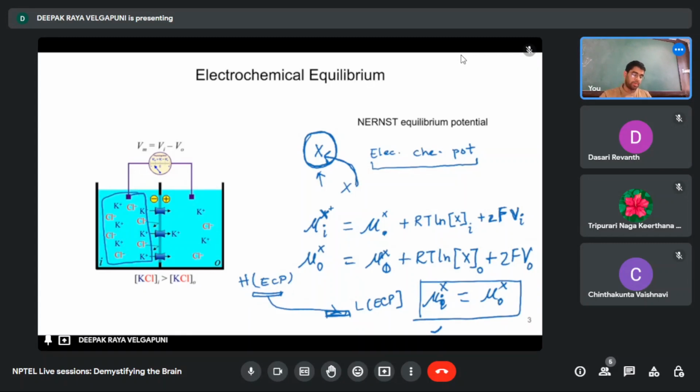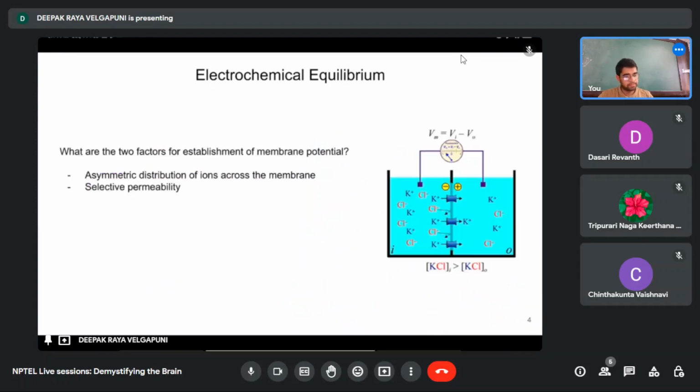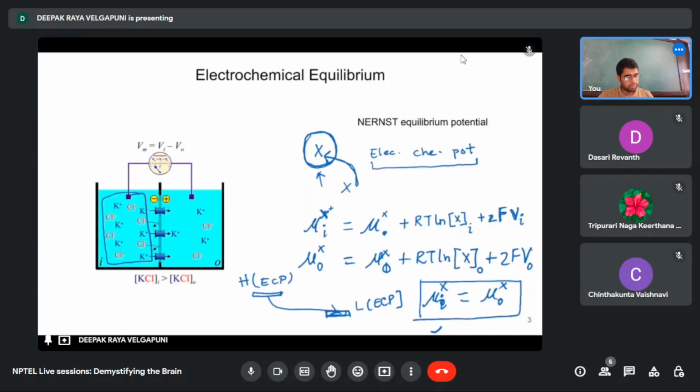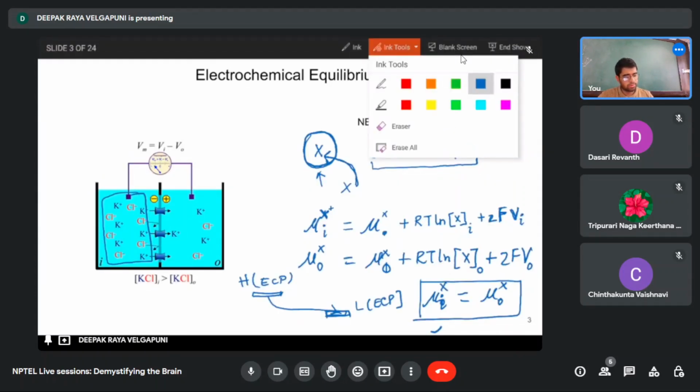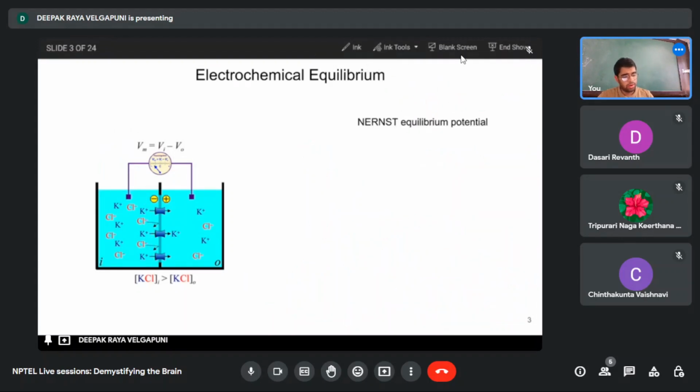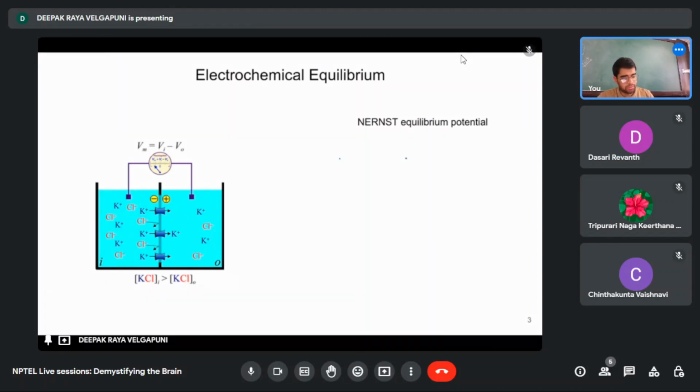Now taking the mu naught terms and this, what happens? mu I of X equals mu O of X. This is how we get the derivation for the Nernst equation.